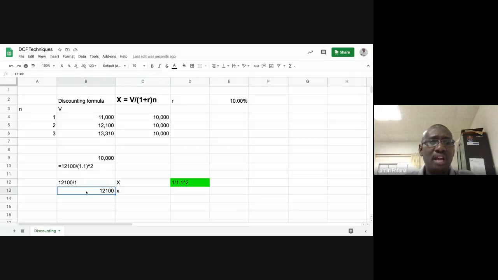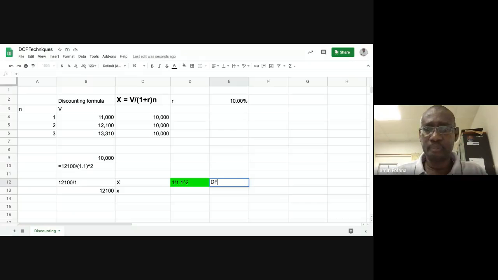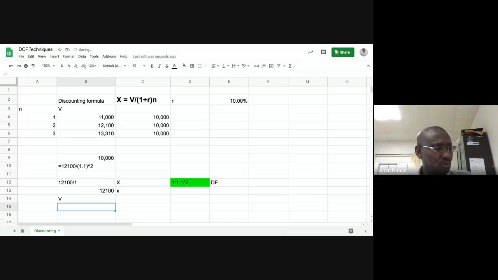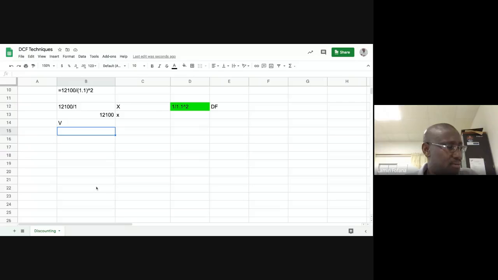So this is your future cash flow, and this is your discount factor, your DF, and that's your present value. This is exactly the way they arrive at our discount factor. So let's look at 4.2.1. We can just use a discount factor.